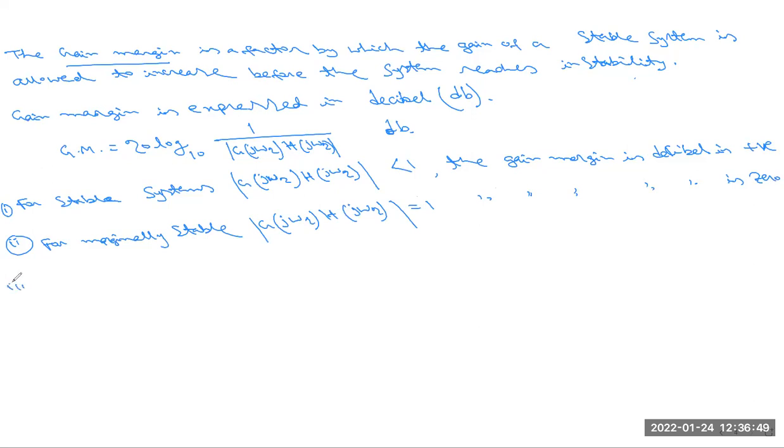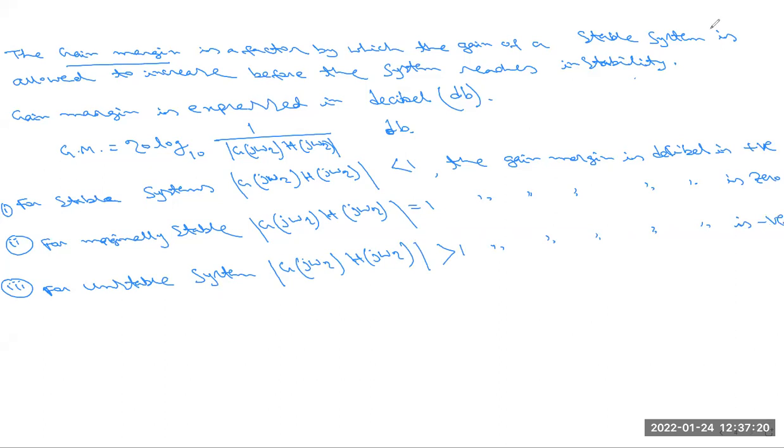And number three, for an unstable system, where the magnitude of G(j omega 2) H(j omega 2) is greater than 1, the gain margin in decibels is negative.